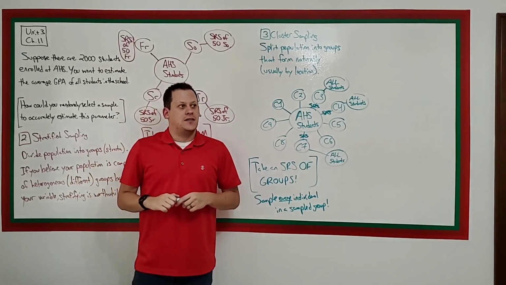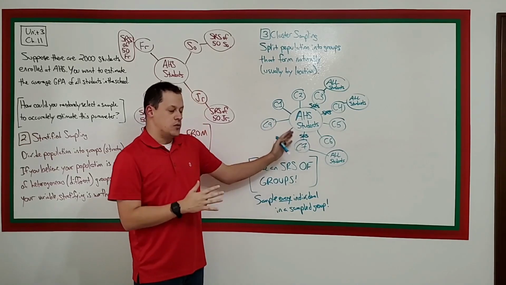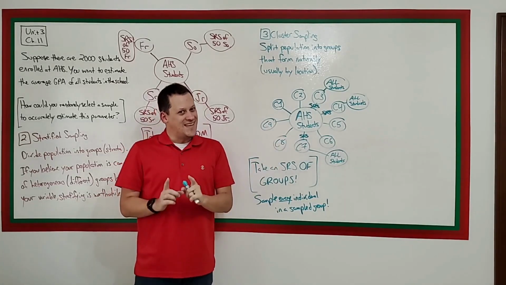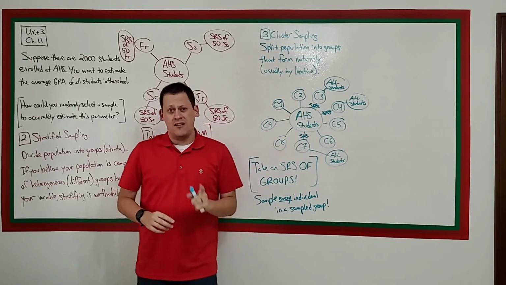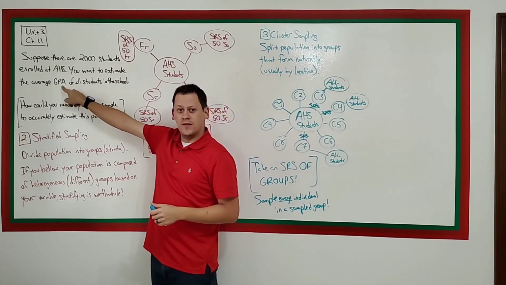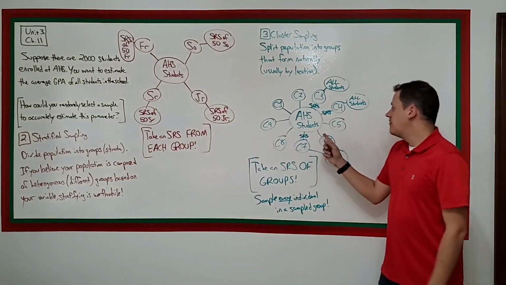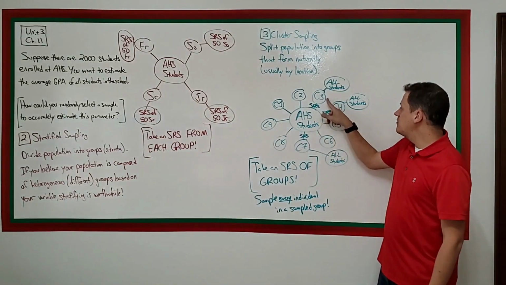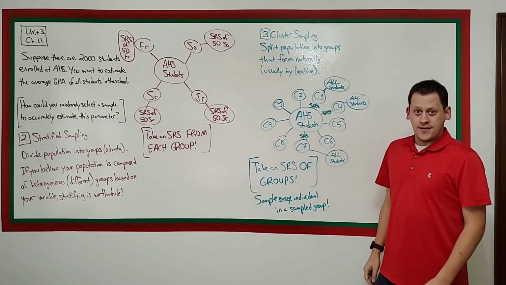It's not necessarily a good idea, though, to do it this way if your classrooms are different with respect to your variable. What might happen for this example if one of the classrooms in my SRS is my AP Stats class?